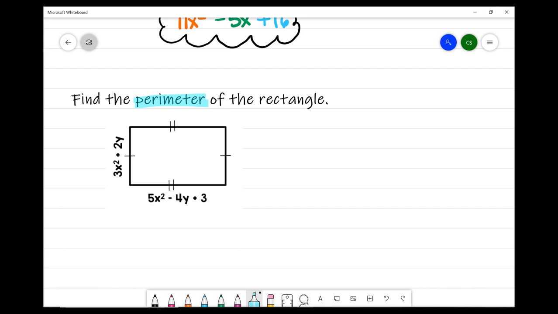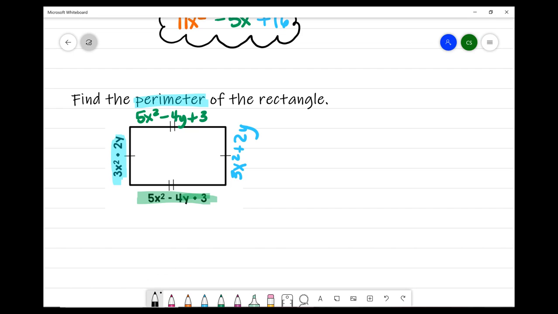I know a couple of things about a rectangle. I know that if this side is 3x squared plus 2y, then the other side opposite of it is also 3x squared plus 2y. And if this side is 5x squared minus 4y plus 3, the side opposite of it is also 5x squared minus 4y plus 3.